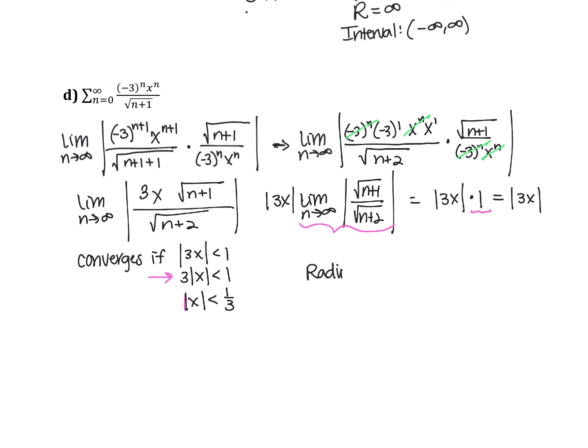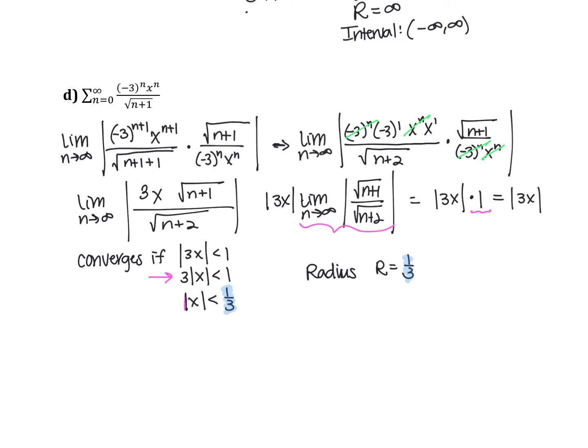So my radius, r, is 1/3. This value right here is my radius. When I get the absolute value as simplified as it can be before I need to write it as an interval to solve it, that becomes my radius. So this is my radius of convergence.